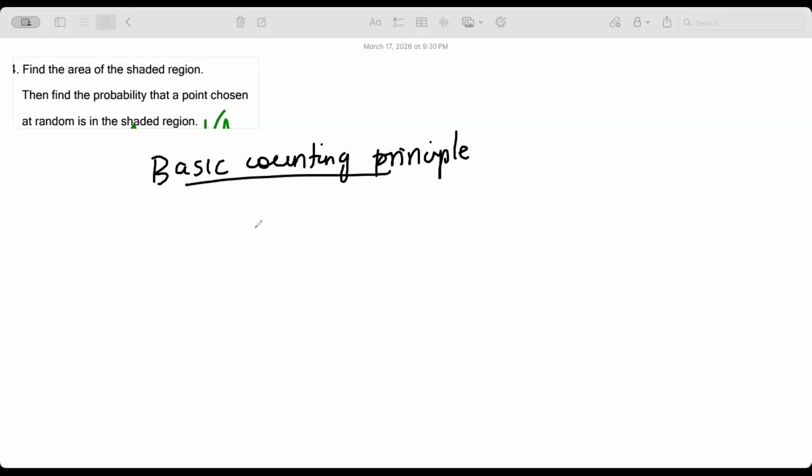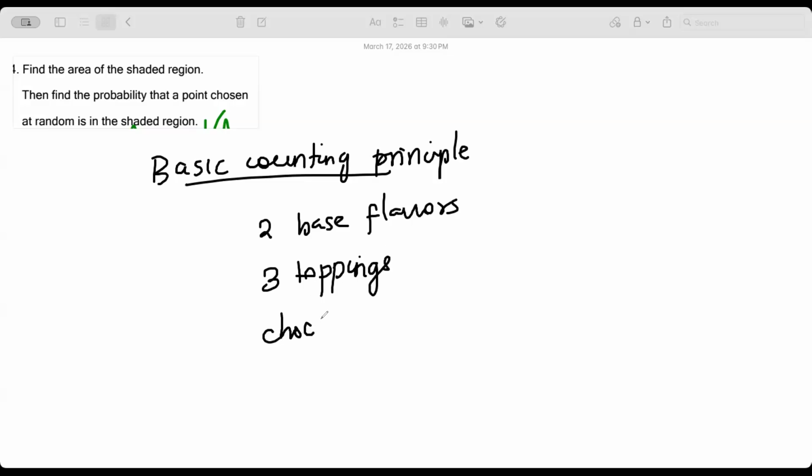They have 2 base flavors, 3 toppings, and you can use chocolate syrup or strawberry syrup or dark chocolate syrup.